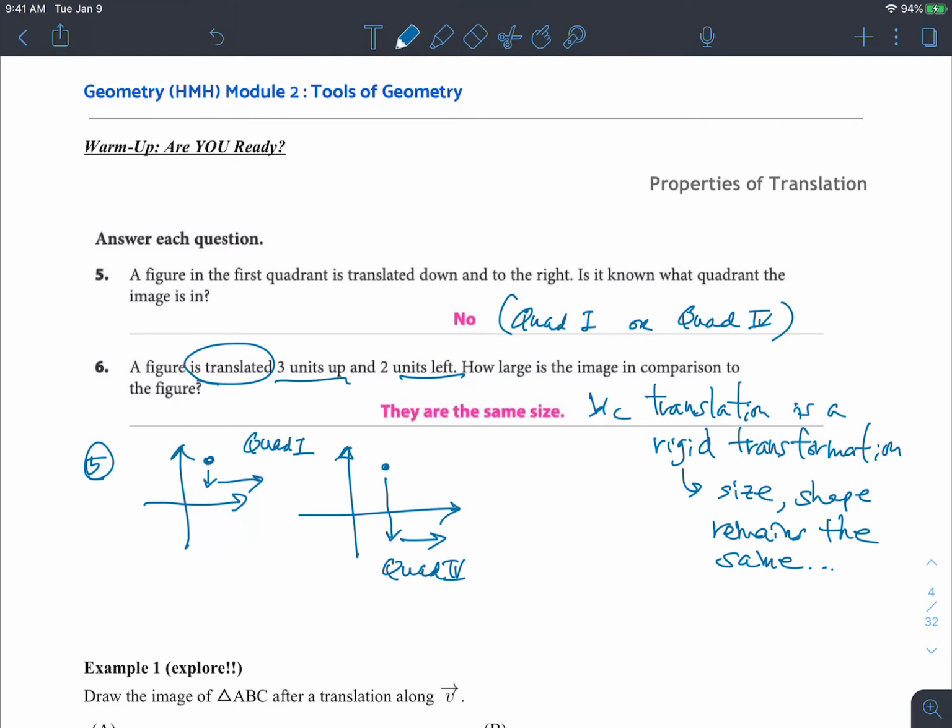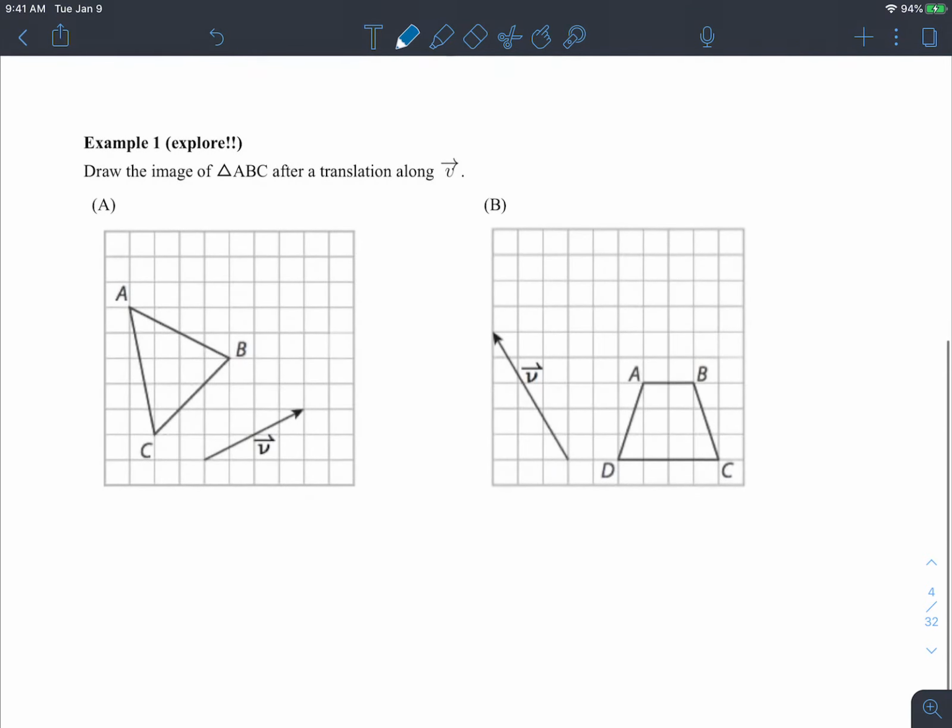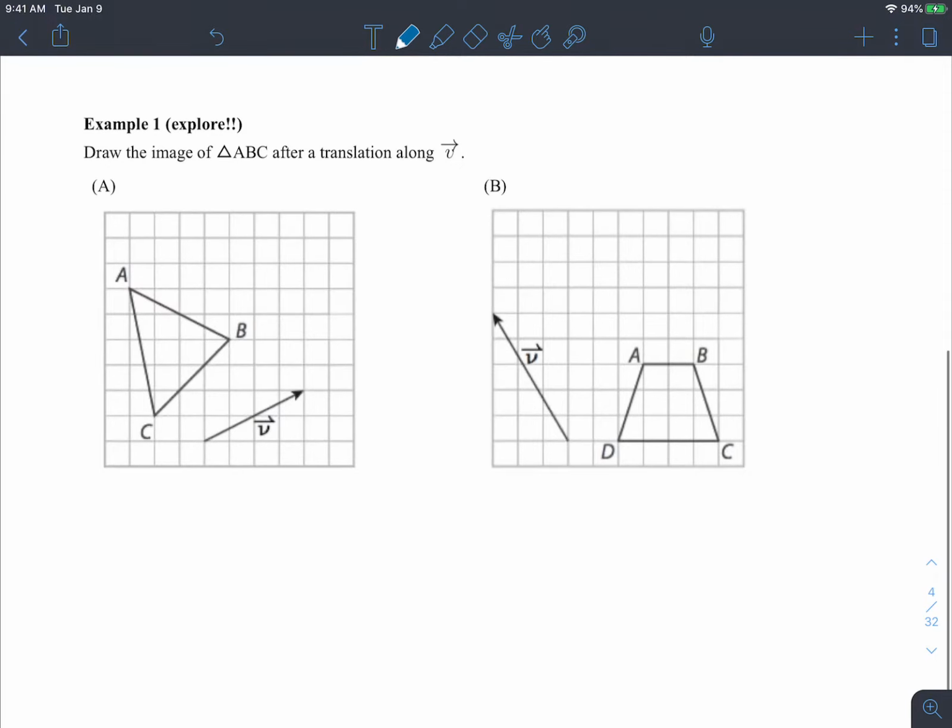Okay. Example 1. Let us explore this. So we have an image of ABC right here, guys, and we're trying to translate it along the vector. This is known as vector V. We generally put a half arrow, but I'm still trying to figure out how to type a half arrow into the math equation editor.